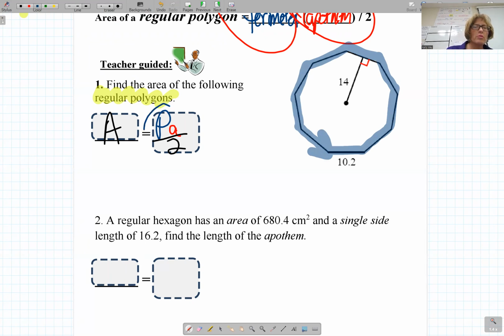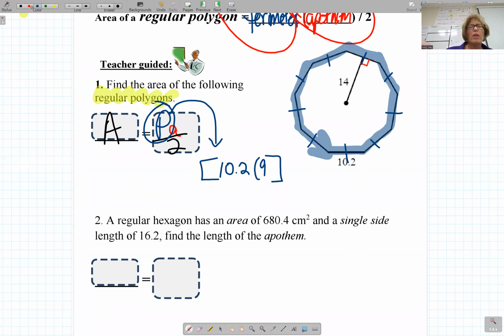Circle, plug, chug. So circle perimeter. To get our perimeter, we're going to go 10.2 times, and that is 1, 2, 3, 4, 5, 6, 7, 8, 9. That is the perimeter.